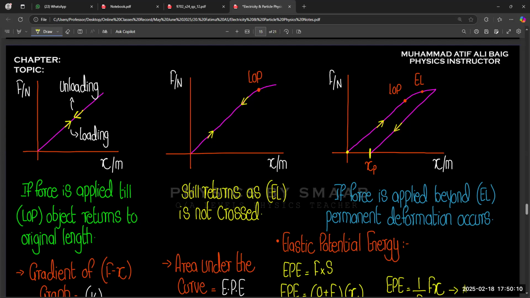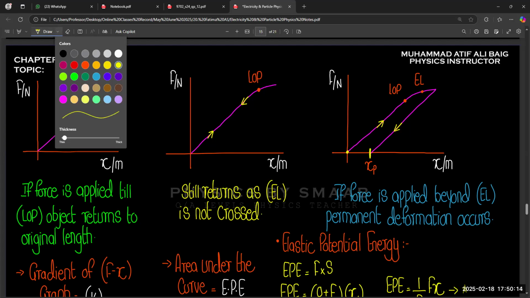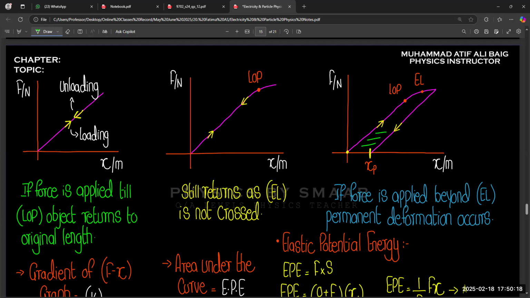So basically, in this representation of the graph, the initial loading line shows you a right angle triangle, but the next line moves in a downward direction, so we got some gap between both lines, and the gap between both lines shows some area covered in that specific region.